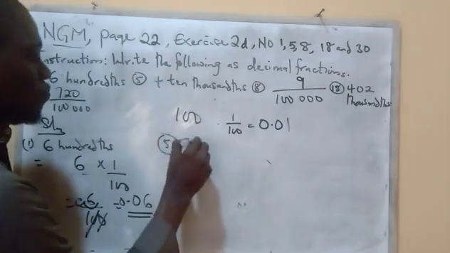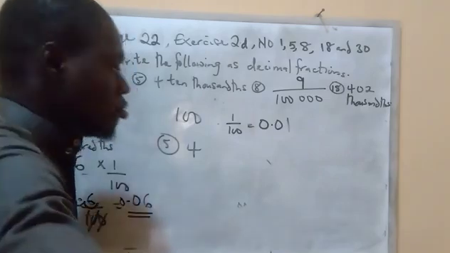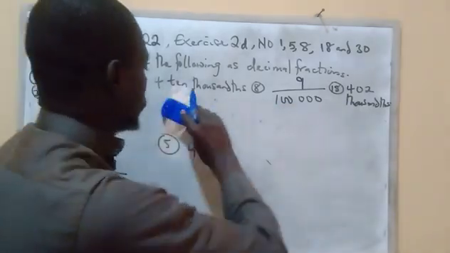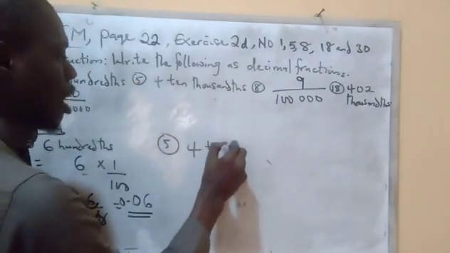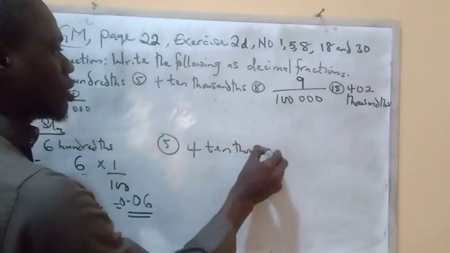It said 4 times thousands. 4 times thousands.